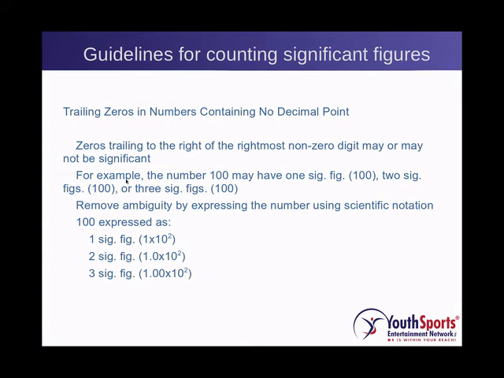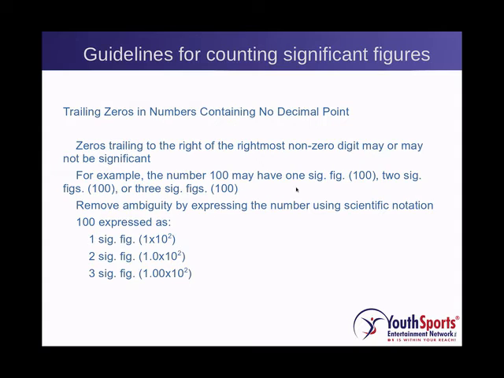Okay, when you have zeros after the rightmost non-zero digit, they may or may not be significant. For example, the number 100, you're not sure of these 2 zeros. It could mean 1 significant figure, or 2 significant figures, or 3 significant figures. All of them will be written as 100. To solve this ambiguity, the numbers are expressed in scientific notation.